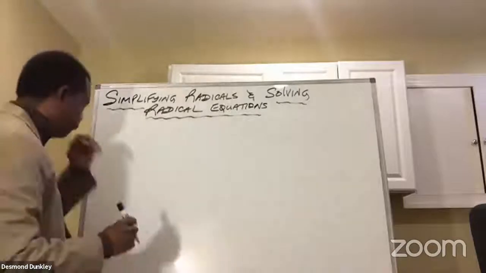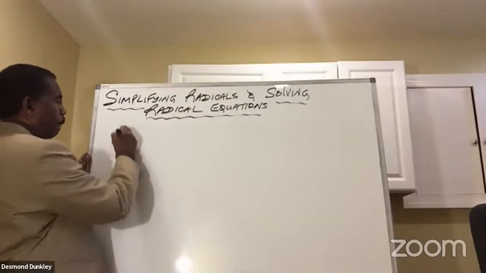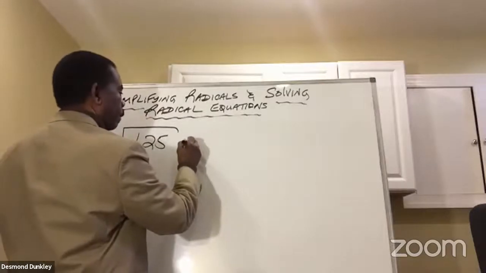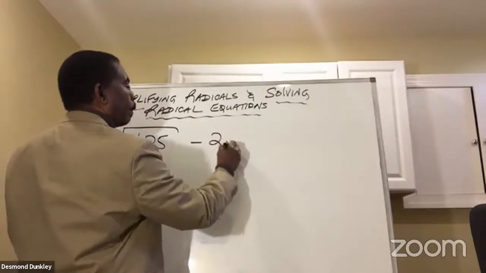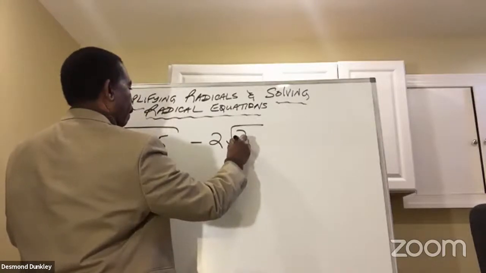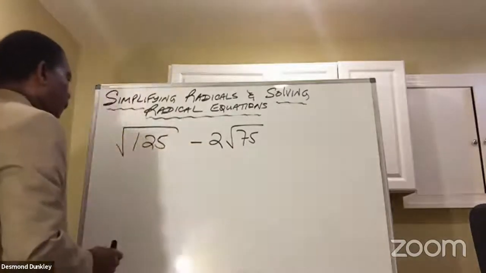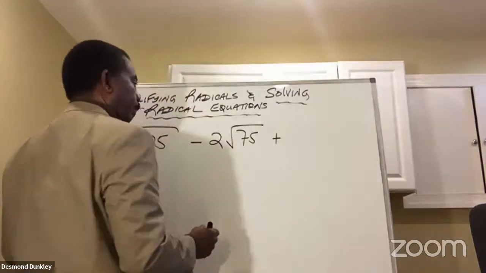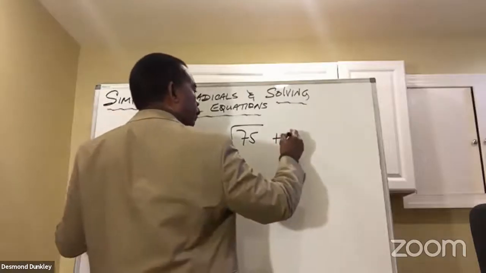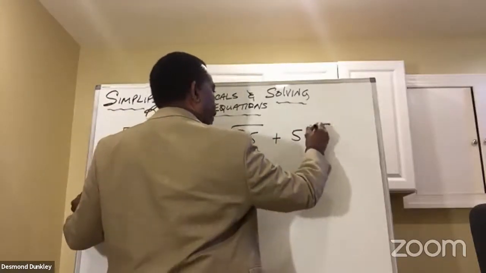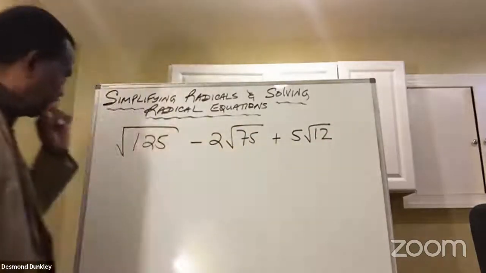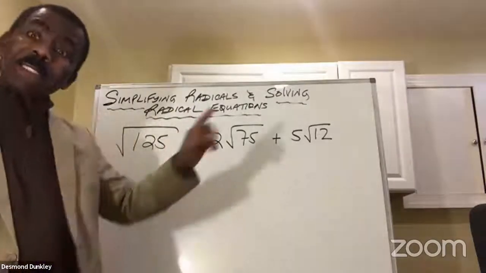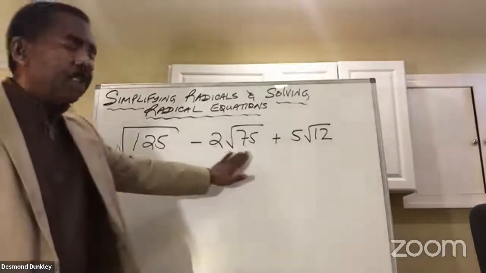You might get an example like this. If you were given a question like this, what I recommend is, in order to get this done, you simplify each radical.